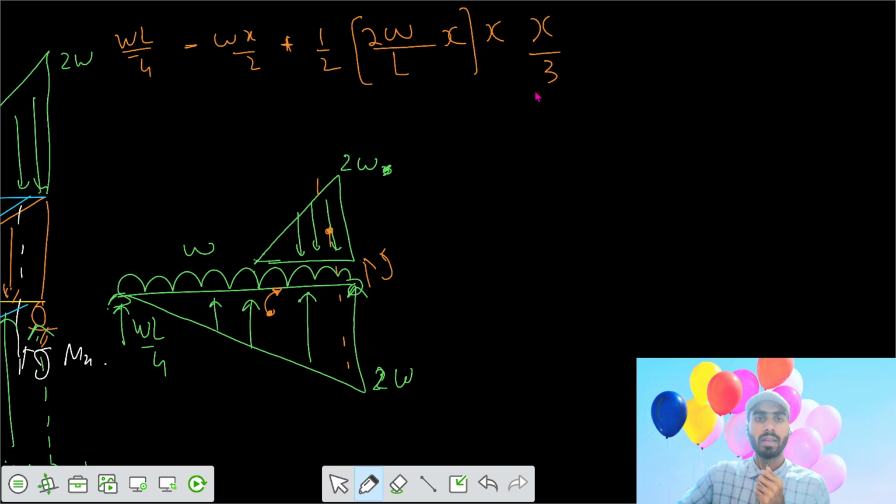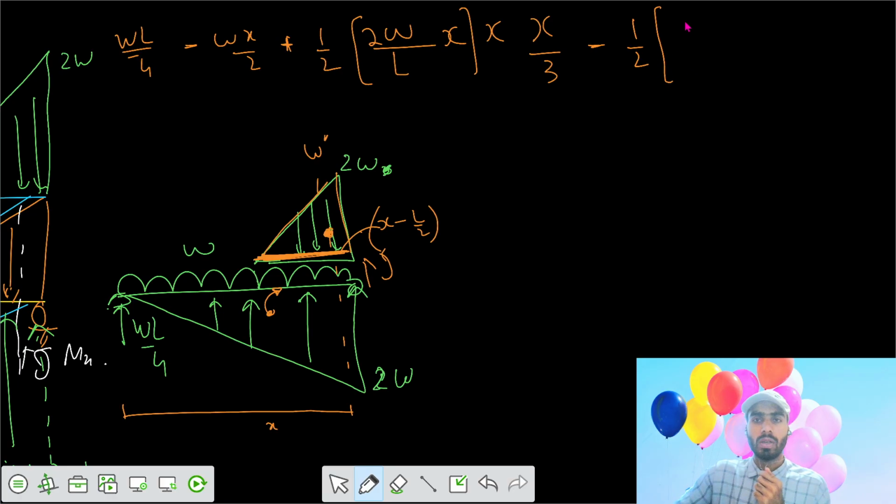Then similarly for this loading, we already saw how to get that particular length. We say that the total length is x. Here the intensity is W dash, and it acts only for the length x minus L by 2. So we can write minus times the anti-clockwise moment of the area of the triangle, which is 1 by 2 into W dash.